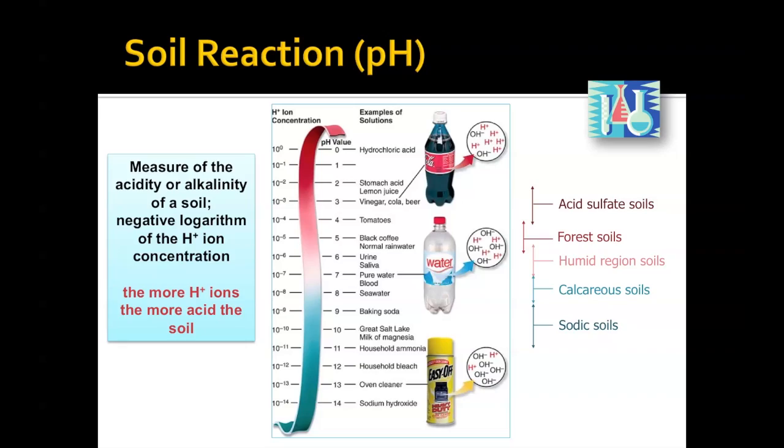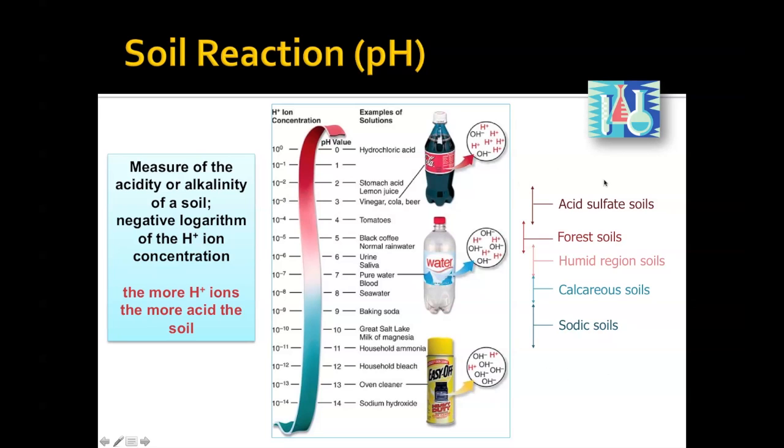Okay, soil scientists often call pH soil reaction. It's just a measure of the acidity or the alkalinity of the soil. I'm sure you've seen this chart 100 times before, with baking soda being quite basic and vinegar being quite acidic.